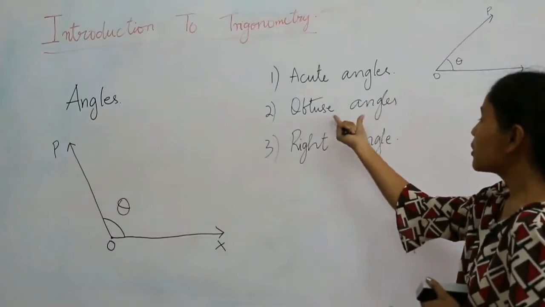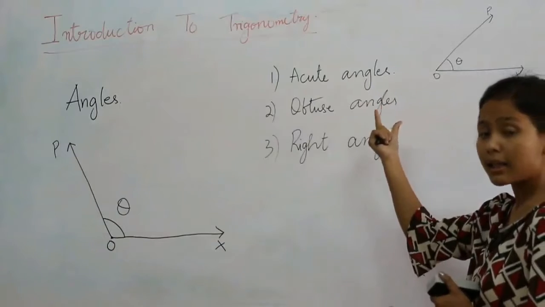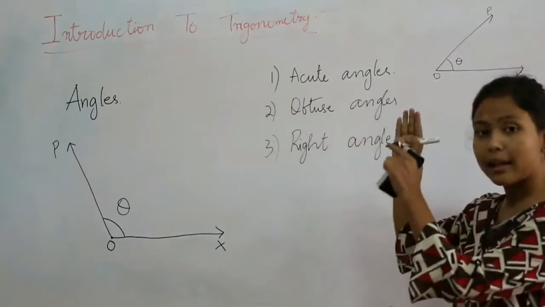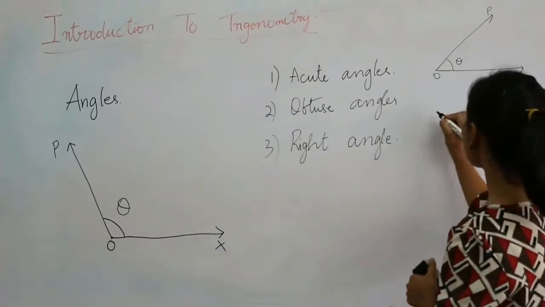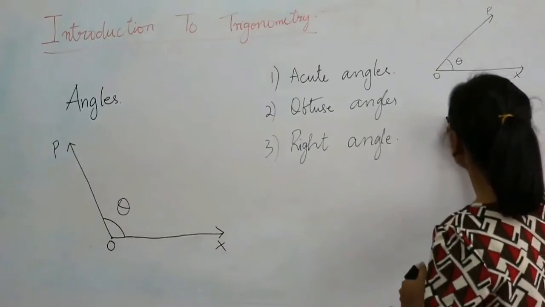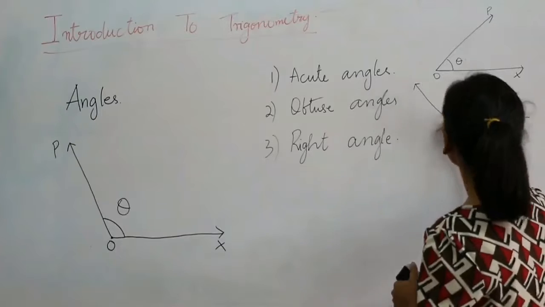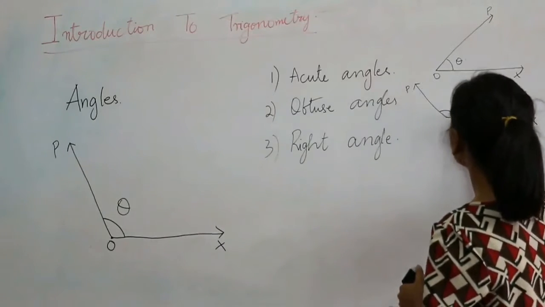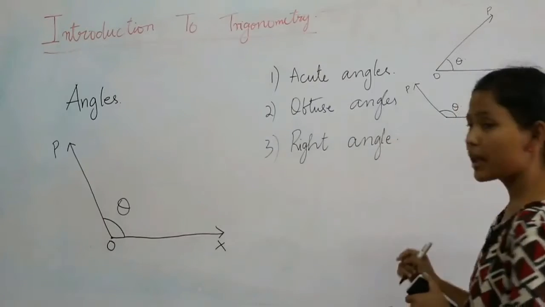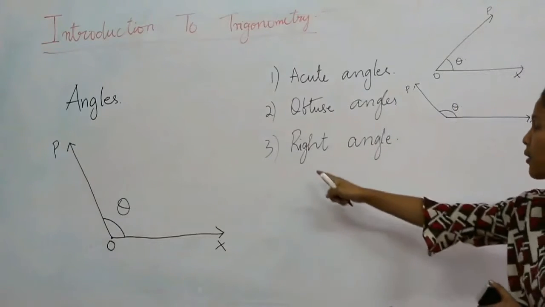Next, obtuse angle. Obtuse angle is an angle more than 90 degrees but less than 180 degrees. Suppose this one. This is an obtuse angle. Next, right angle.